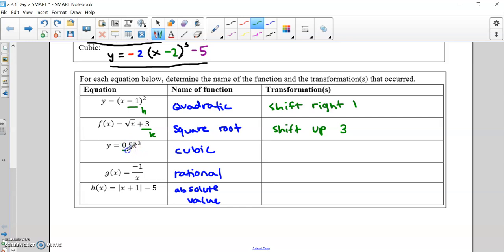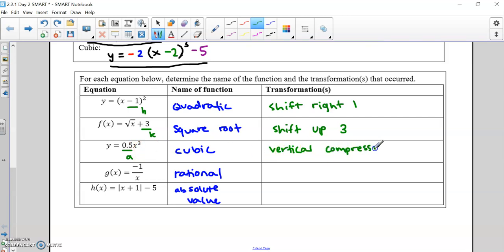Here we have a number right in front at the very beginning. That means it has to be our a value. Now, because a is responsible for stretching and compressing, we have a vertical stretch or compression. However, whichever one that is depends on the number itself. Because it's a decimal, it's a number smaller than 1, that tells us it's a compression, right?